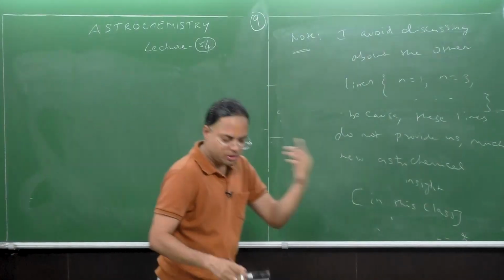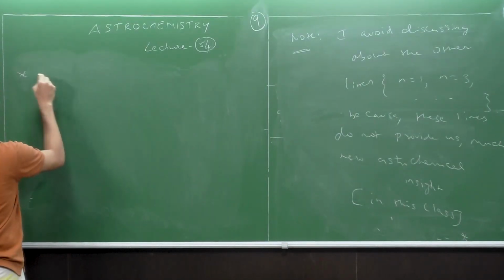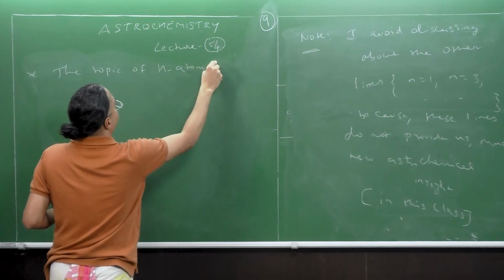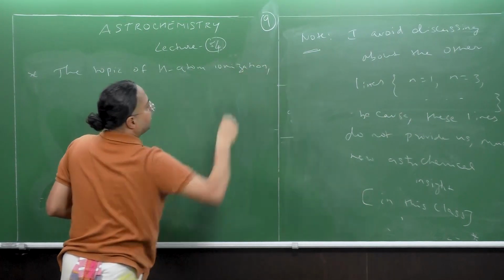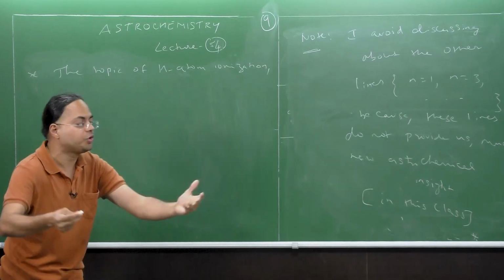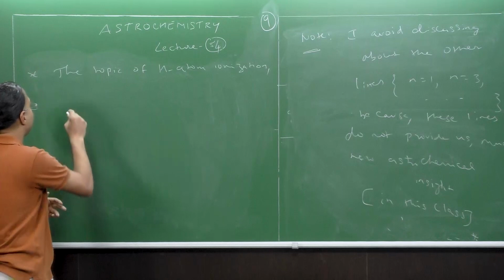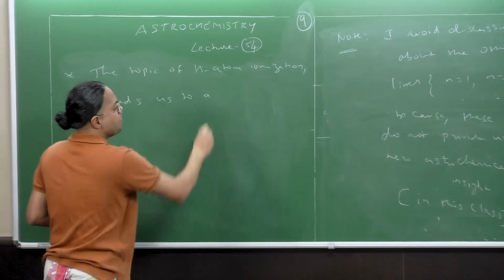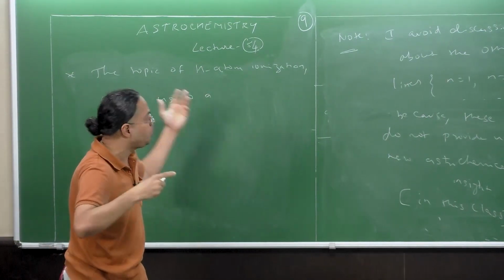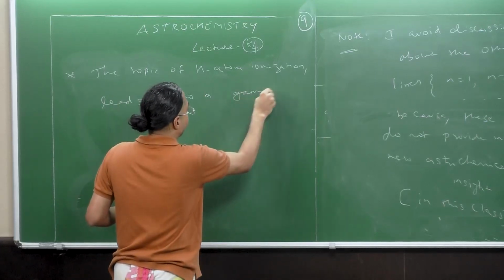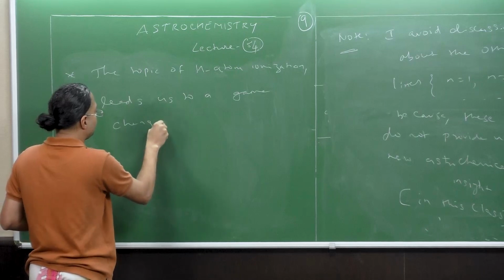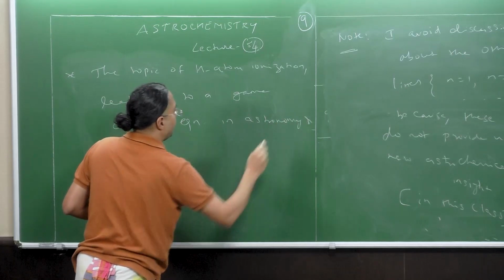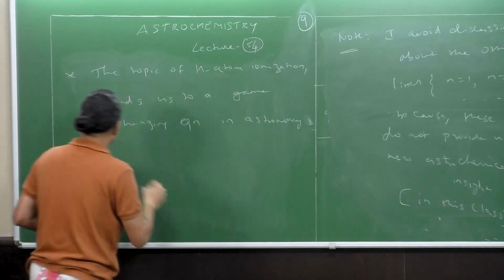So now, while we're on the topic of ionization, the topic of ionization leads us to a very interesting, a powerful, and in fact a game-changing equation in astronomy and astrophysics.